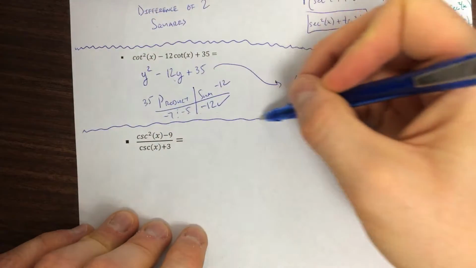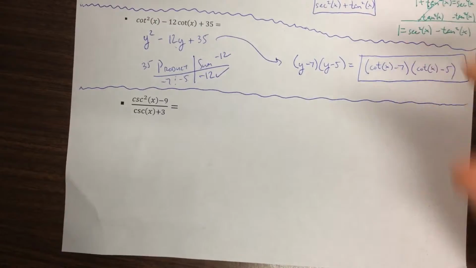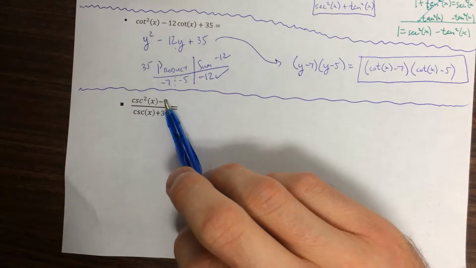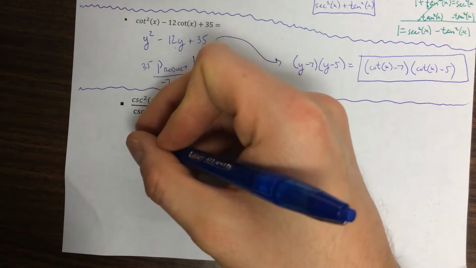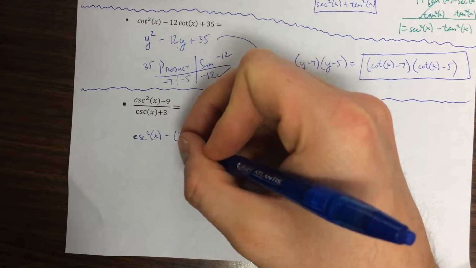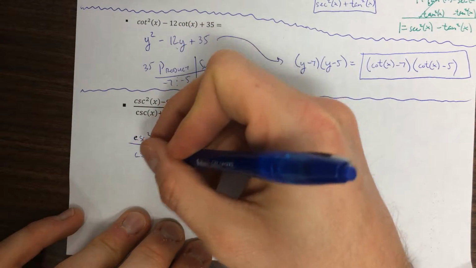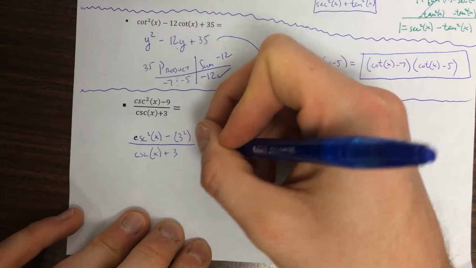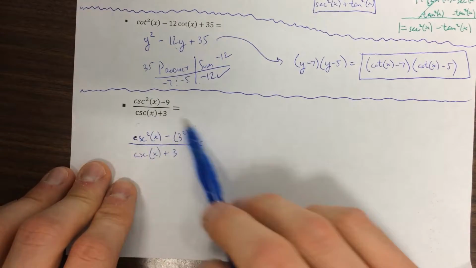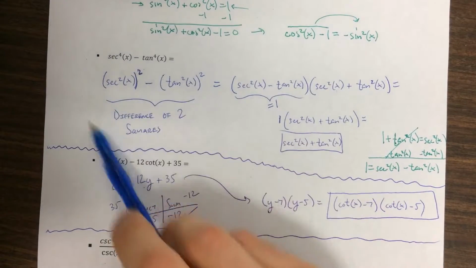And then we have this problem. What we really need to be careful with here is we need to recognize we have cosecant squared minus 9. But we know that 9 is a perfect square. We can rewrite 9 as 3 squared, if you will. And so because of that, this is a difference of two squares, similar to what we had here.